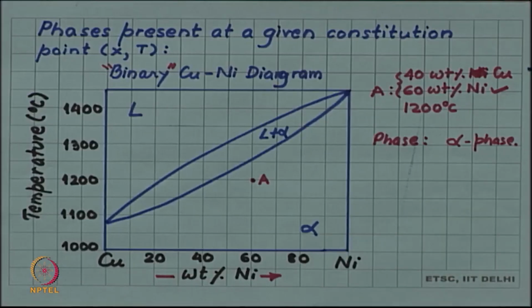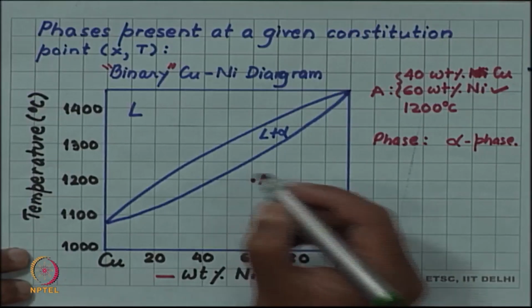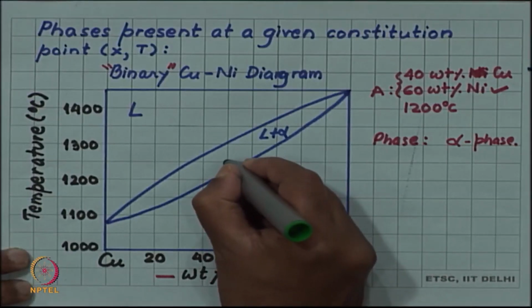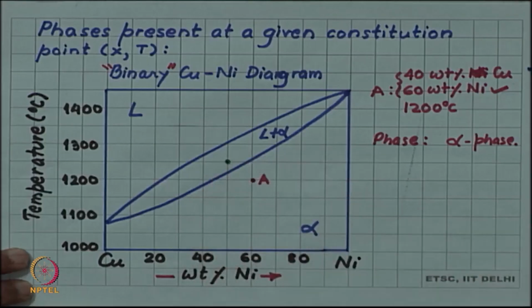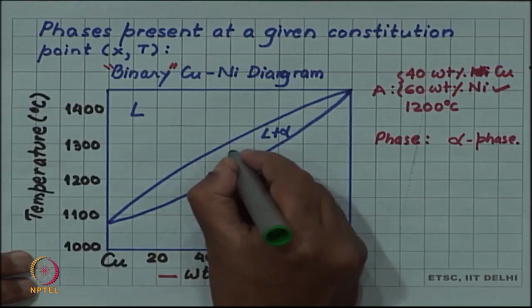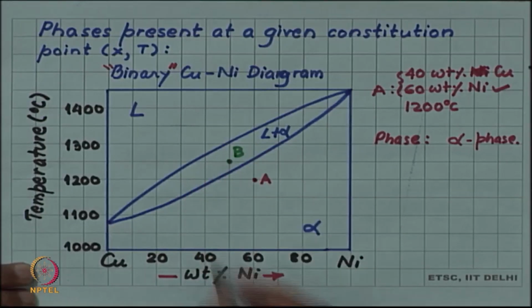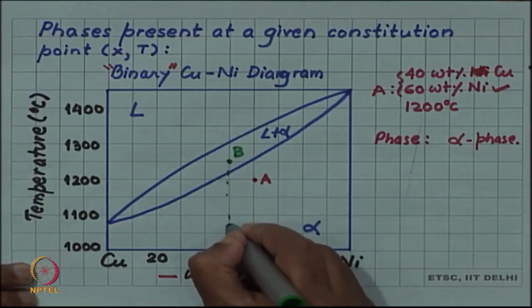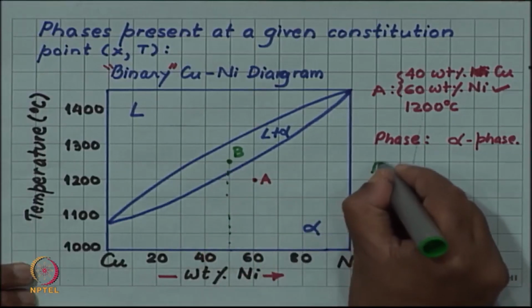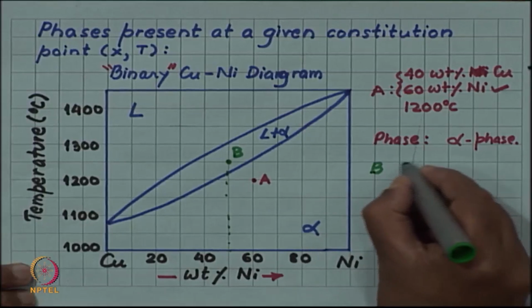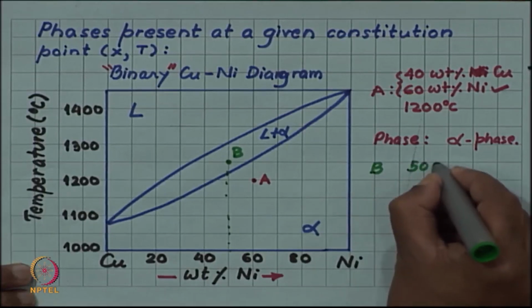Now, let us look at another alloy. Just look at this one, alloy B or constitution point B. If we look at its x component, that is 50, so the composition is 50% nickel.